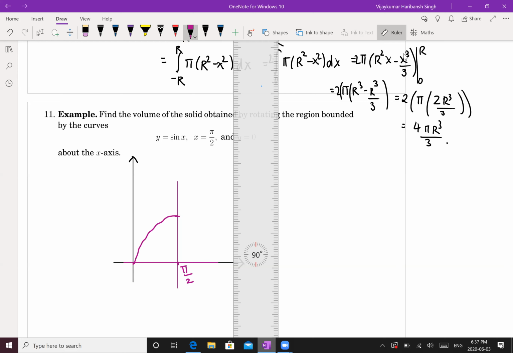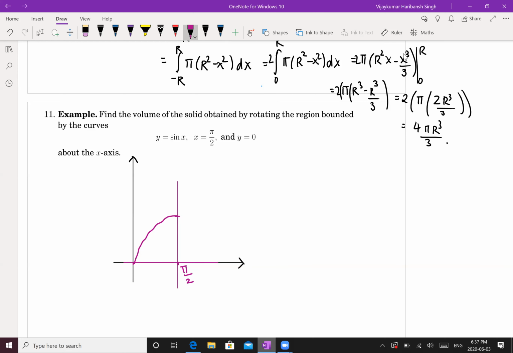Okay, so this is the region you are rotating. So the region here is what you're rotating, right? So let me shade this region.